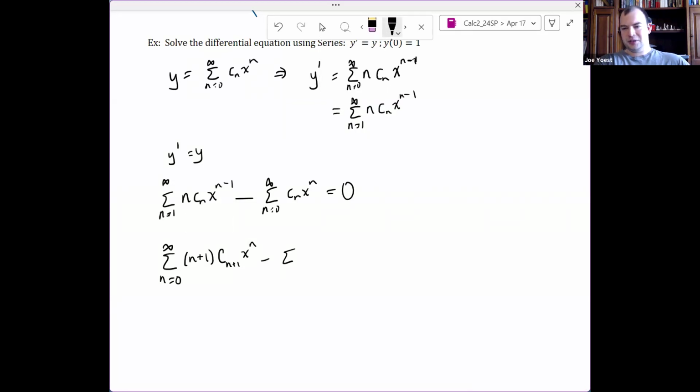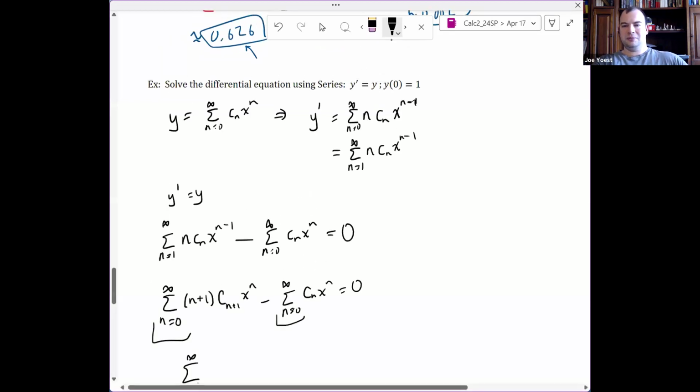And then we have minus the sum from n equals 0 to infinity of Cn x to the n equals 0. Now my summation indices are the same. I can wrap this under a single sum. Why can I do this?